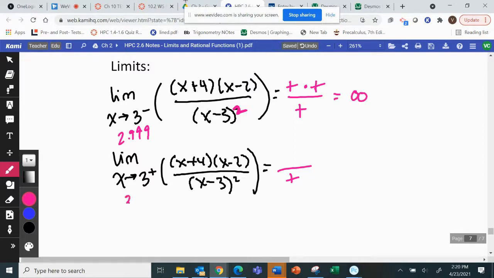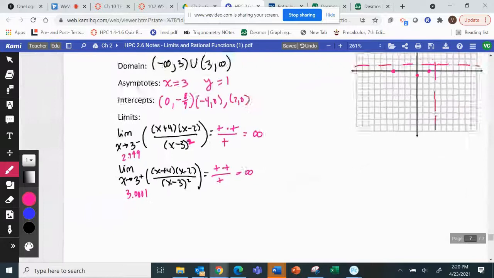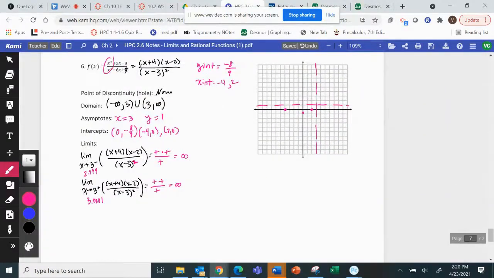So now I'll choose 3.0001. On top, we'll have a positive multiplied by a positive divided by a positive. We get positive. So both of them are approaching positive infinity.